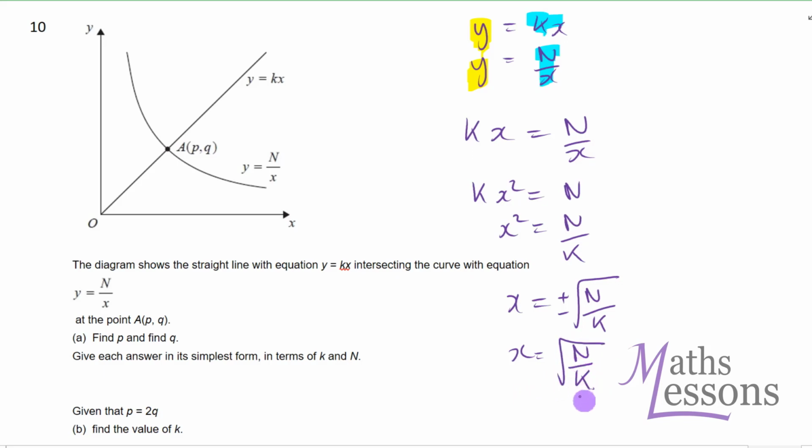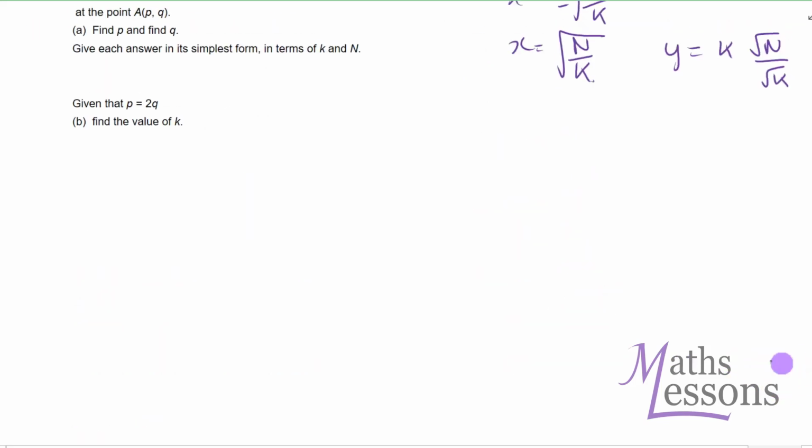And then we put that into one of our y equations. I think it's best to put it into this one, it's the easiest one. So y will equal k times the square root of n over k. I'm going to split the square roots, because it's the same as the square root of n over the square root of k. And k divided by the square root of k is just equal to the square root of k.